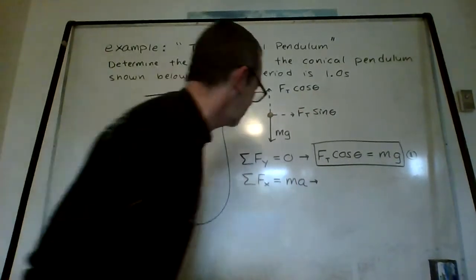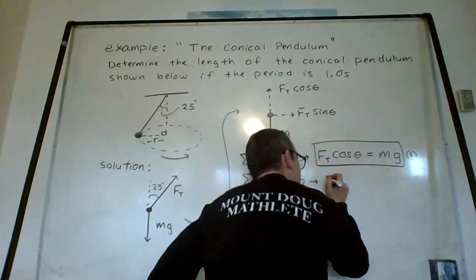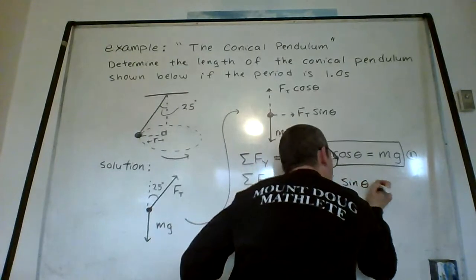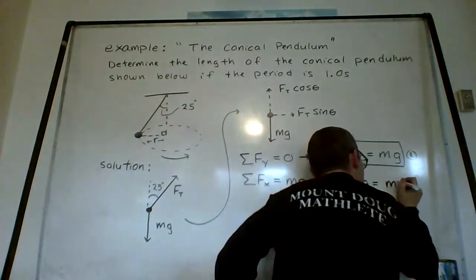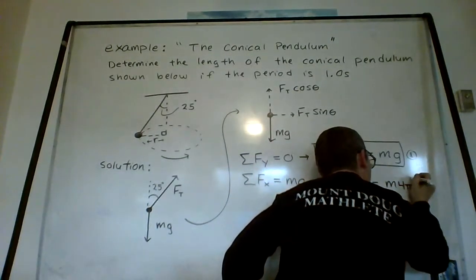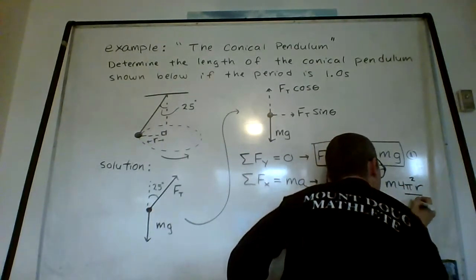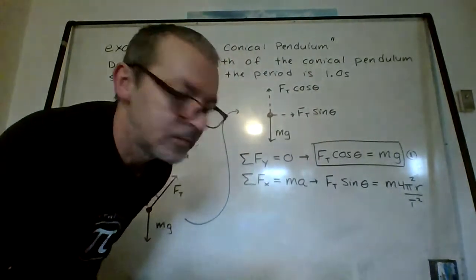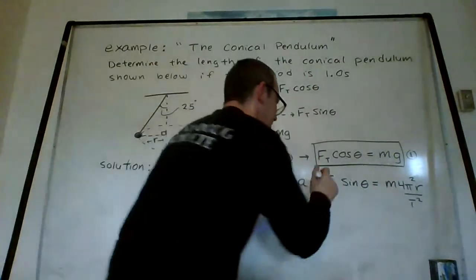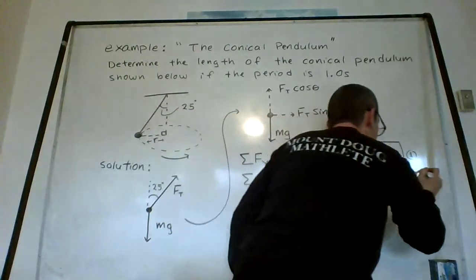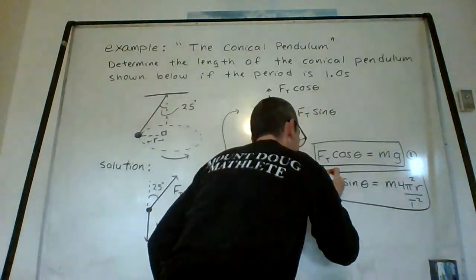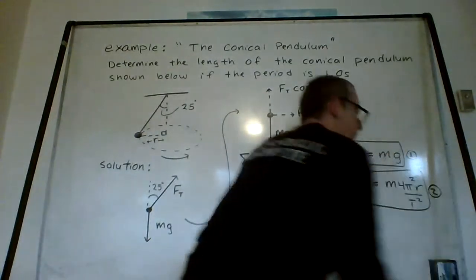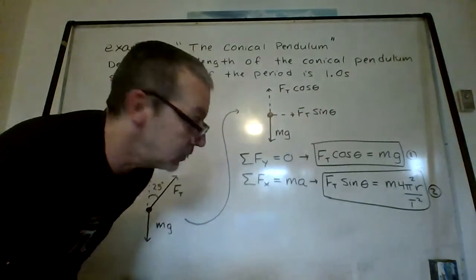So this becomes tension sine theta for the net force equals m, and then I'm going to put in 4 pi squared r divided by T squared. And I'll box that. I'll call that equation 2.